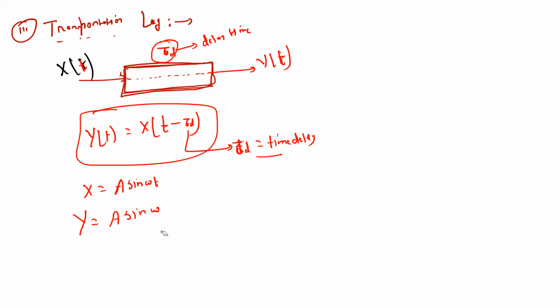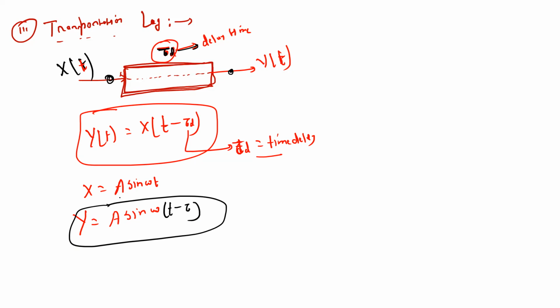You only have to replace t with t minus tau d, and all these other things will be the same. The input you are giving here will be the same output we get here, but after a time tau d. Are you getting it? After a time tau d, this one is your y(t).